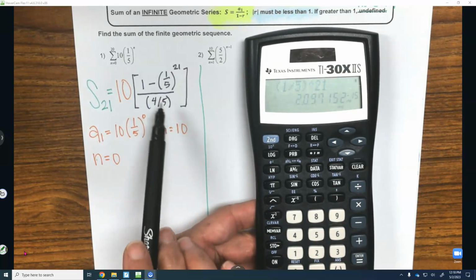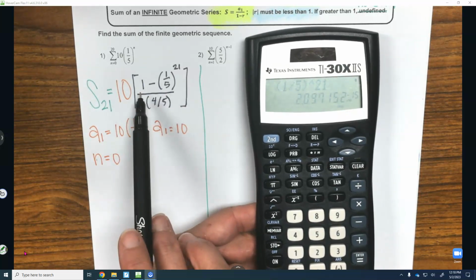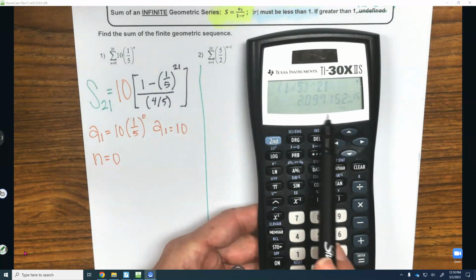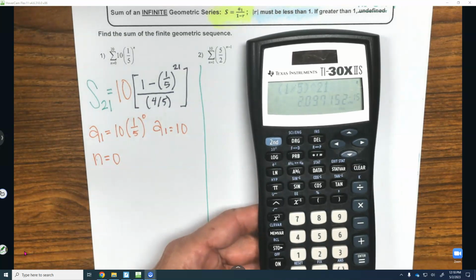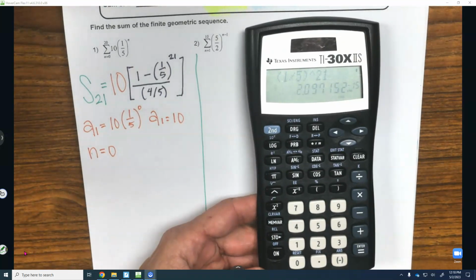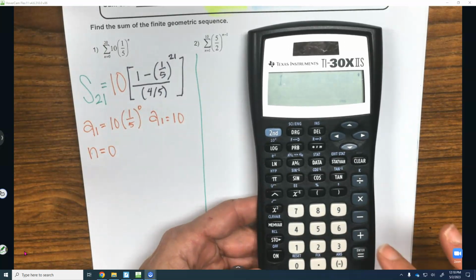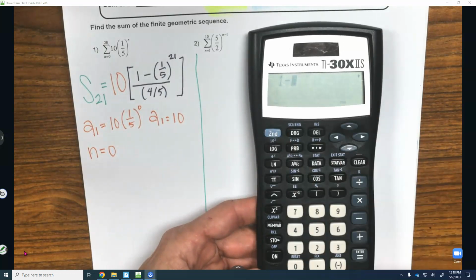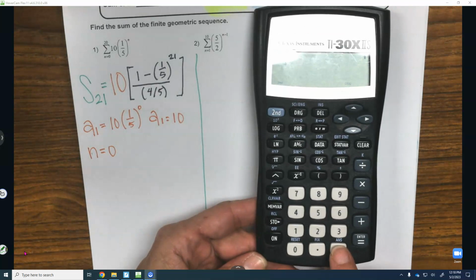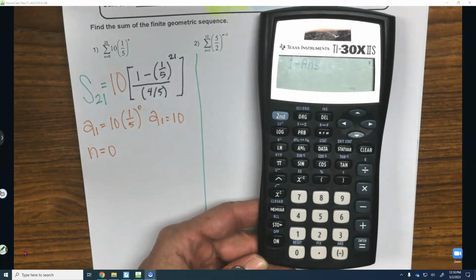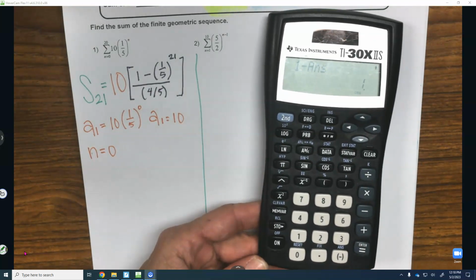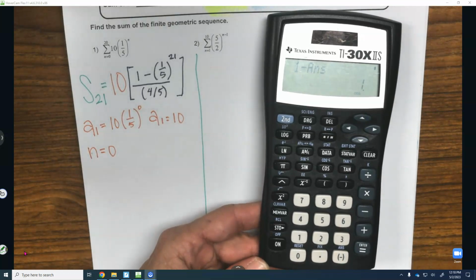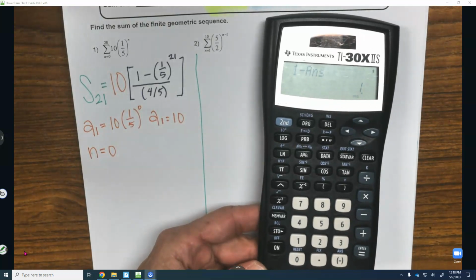Remember, that's this part right here. So we're going to do 1 minus this answer. Does y'all's screen look like mine? All right, now hit 1 minus, and then pull up the answer by hitting the second and then the negative key down there. That is the numerator. Does y'all's screen look like this? Did you just get a 1?